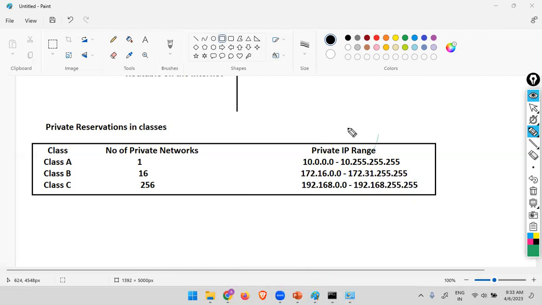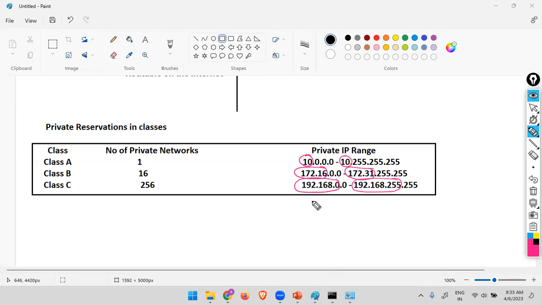In case of class A, only this part is network, so just focus on how much it is changing. In case of class B, this part is network, so do not consider the other part. And in case of class C, this much part is the network. So how much is it changing? 0 till 255.